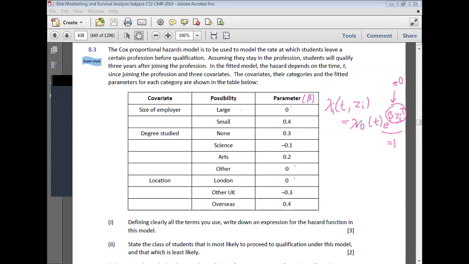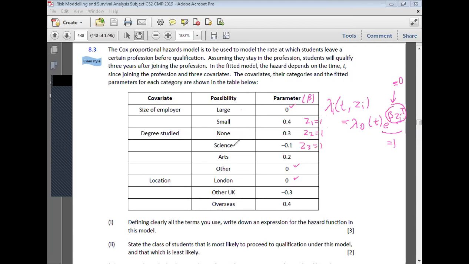Okay, good. So now in the first question, what we want to do is define the covariates, right? Once we have determined that this, and this are going to be our base, we don't need to define a covariate for large, other, and London. So we'll define one covariate, let's say Z1, which takes a value 1 if you are small, and 0 if not. Then you can have Z2, if it takes a value none, it's going to be 1.